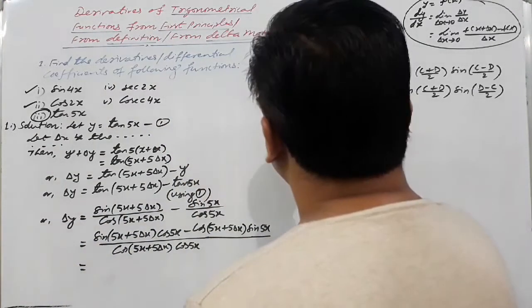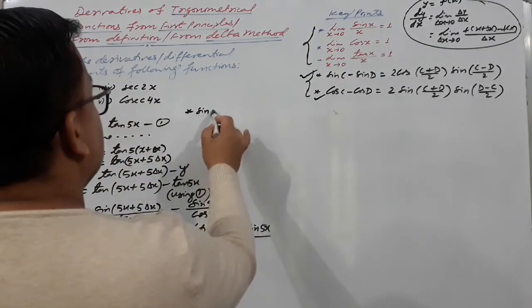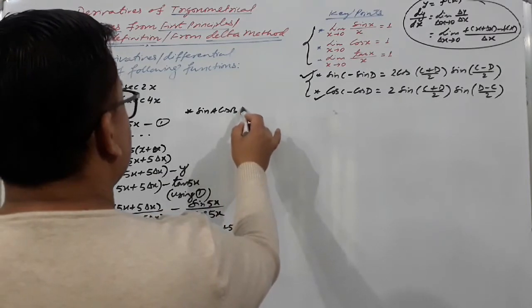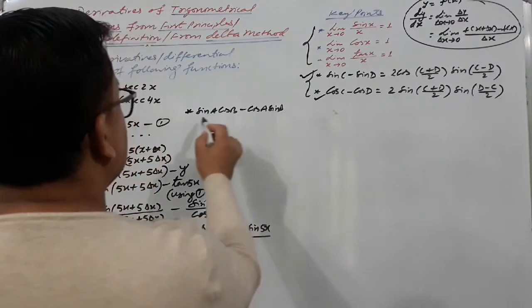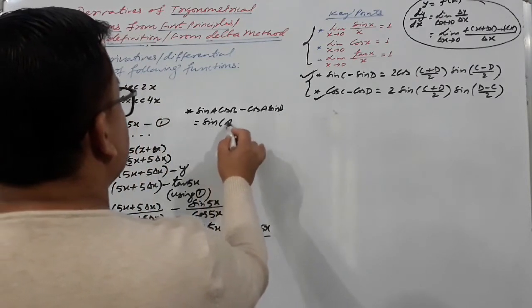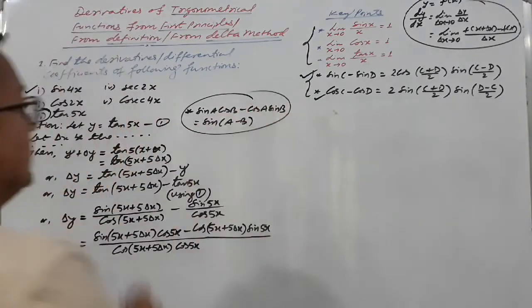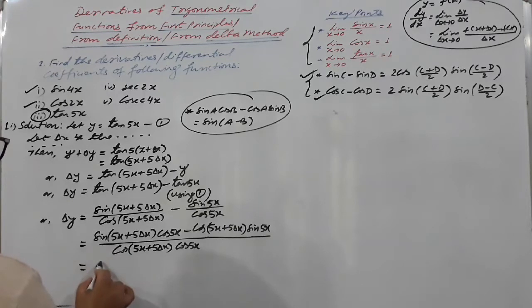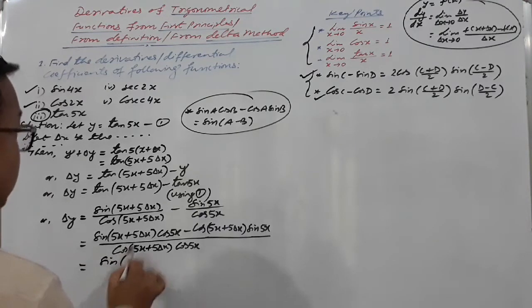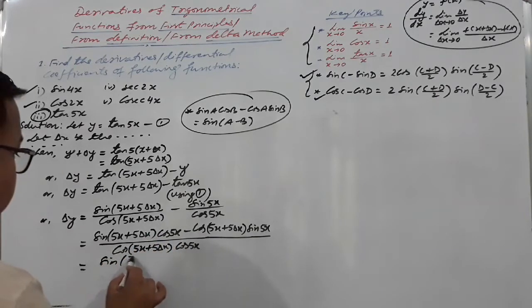So one more formula I'm writing here: sine A cos B minus cos A sine B is equal to sine of A minus B. So exactly the same thing we can write down here, sine of A minus B. This is your A and this represents B.